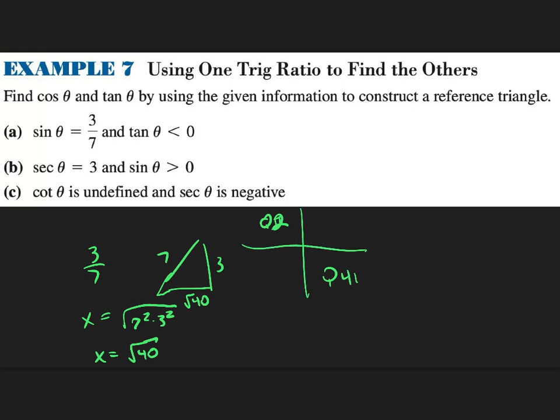So that means that if we just put a negative in front of the x, the sine is 3/7. The cosine is negative root 40/7. And then the tangent is 3 over negative root 40.